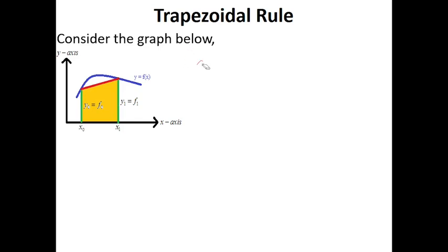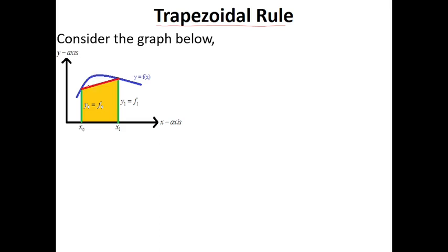That's why we are to study the trapezoidal rule. This trapezoid has something to do with our topic. So the area of the trapezoid approximates the area of the actual function under the curve.